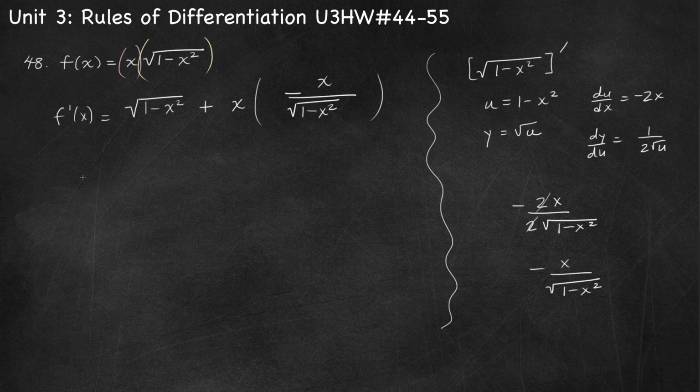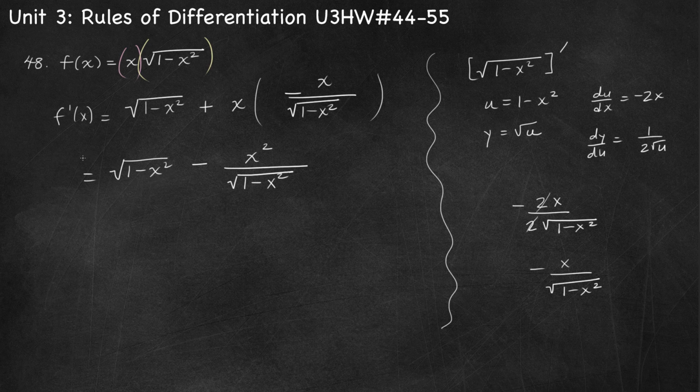Okay, and I can simplify this a little bit. Let's see, we've got square root 1 minus x squared. The x times the negative x is going to be negative x squared over the square root of 1 minus x squared. And now if I want to combine these, I would multiply this first term to get a common denominator.